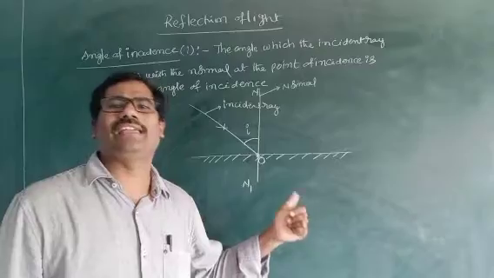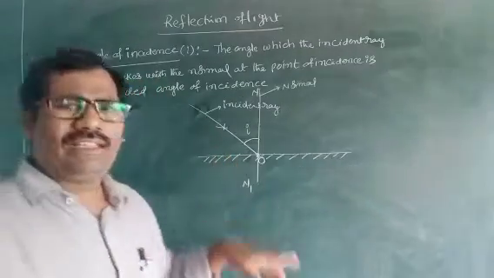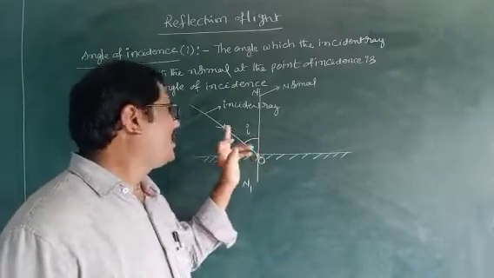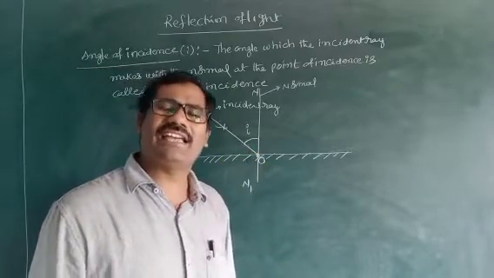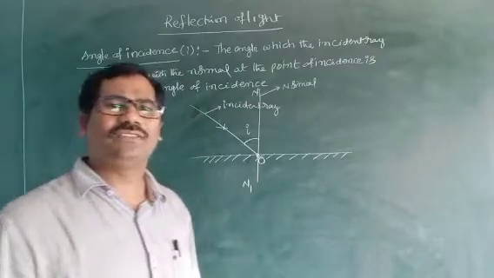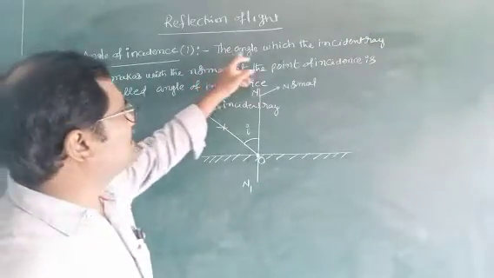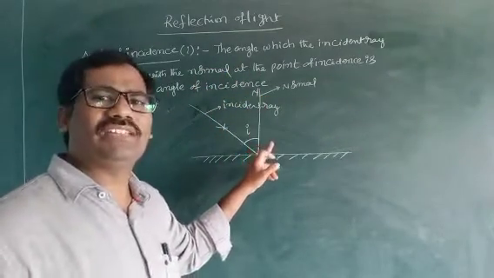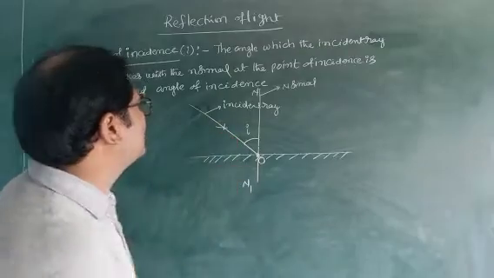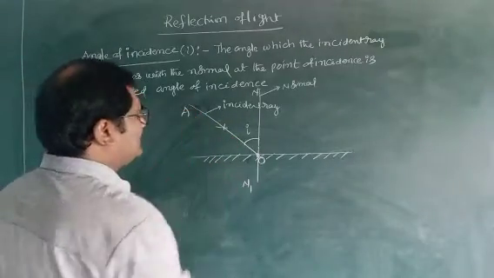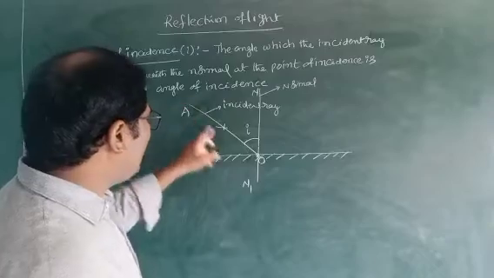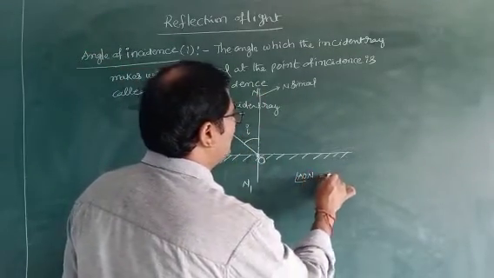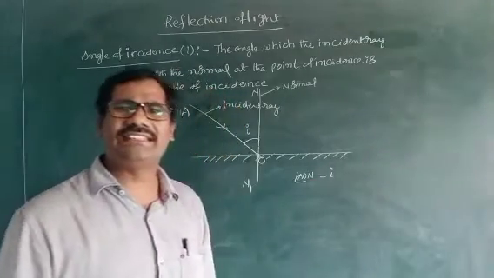It is indicated by I. That means the angle between the normal and the incident ray is known as the angle of incidence. Angle AON is the angle of incidence.